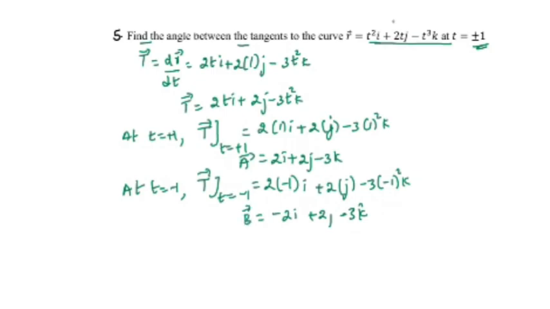Now we have to find the angle. So cos theta will be a vector dot b vector divided by magnitude of a vector into magnitude of b vector.